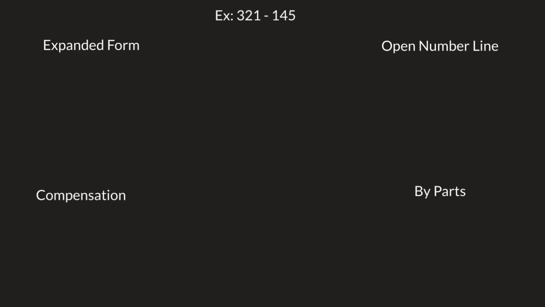All right, let's review. Expanded form would look like this. 300 plus 20 plus 1 subtracted by 100 plus 40 plus 5.